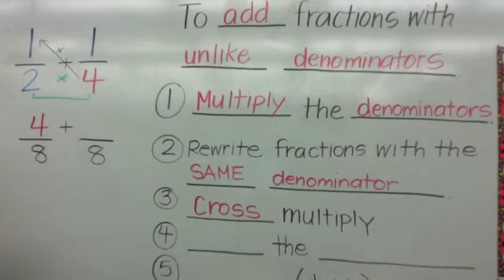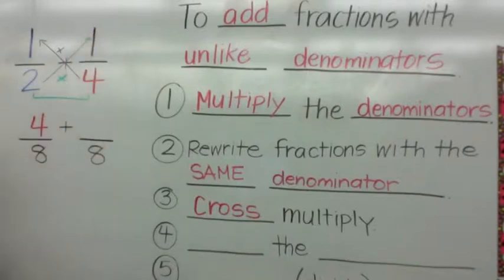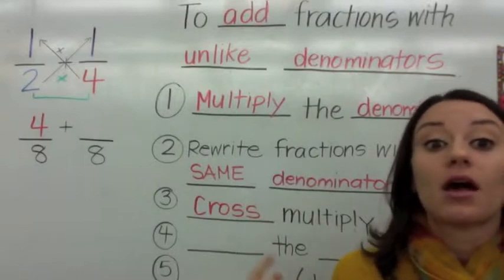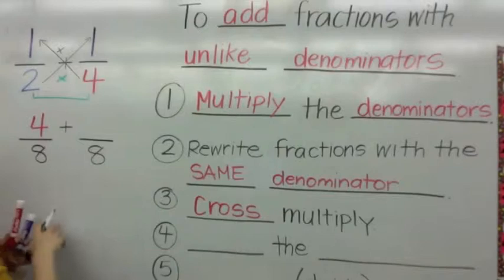Okay. So you can make a wing of a butterfly if you want, but I'm just going to do arrows so you know which direction to go first. Then you're going to multiply 2 times 1. What is 2 times 1? It is 2, right? Cool.